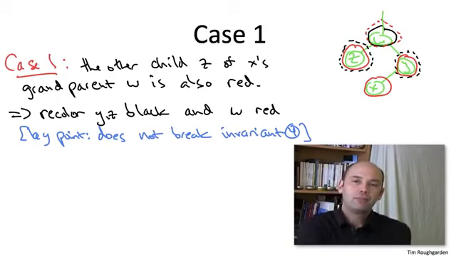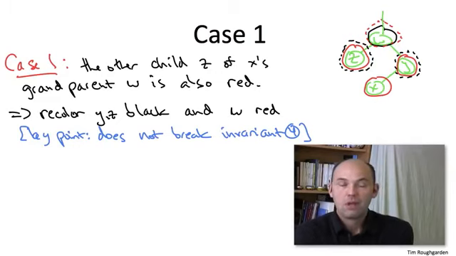Well, the answer depends, and it depends on the color of W's parent. So remember, W just got recolored from black to red. So there's now a possibility that W, being this new red node, participates in some new double red violation. Now, W's children, Z and Y, are black, so those certainly can't be double reds. But W also has some parent, and if W's parent is red, then we get a double red involving W and its parent.